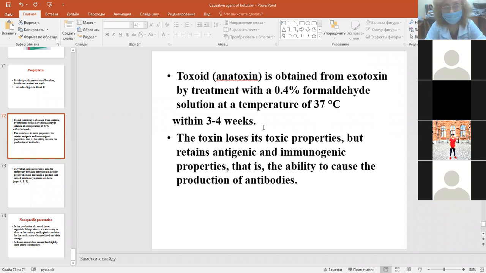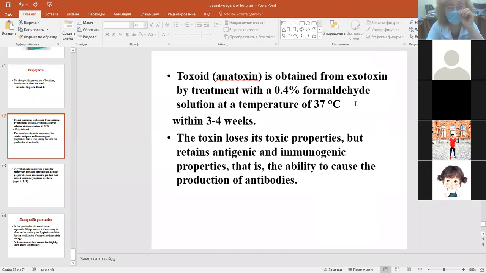So what is the aim? Exotoxin is a toxic protein, and it is not possible to use a toxic protein for vaccination, for immunization. We will kill this person. So the task is to keep the antigenic structure of this protein. We are not going to destroy it, but we have to remove toxic properties.